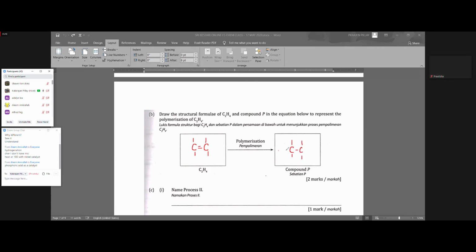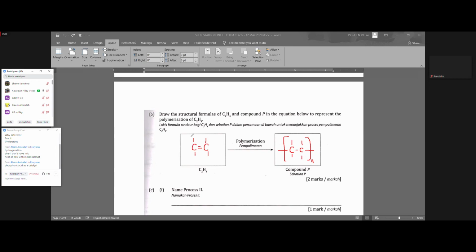Draw quite a long line like that. I do it again. Carbon is here. Make the line a bit long, and then you put a bracket like that, and you put an N because it's a polymer. This one you don't need to put the N. You want to put an N also can, doesn't matter.